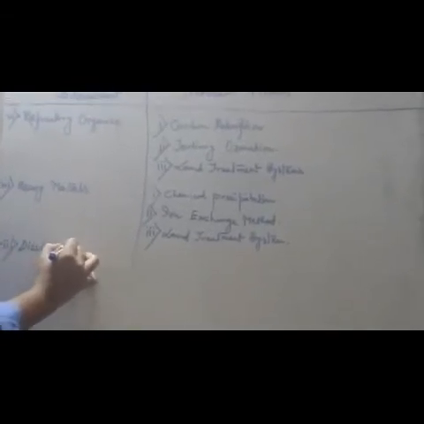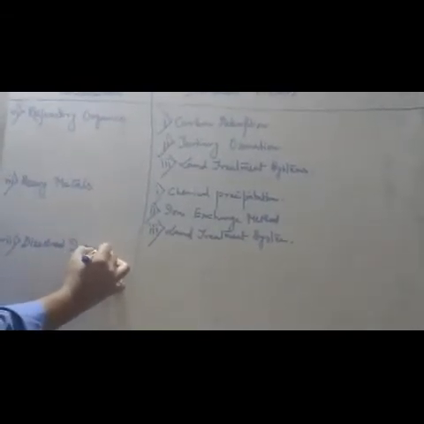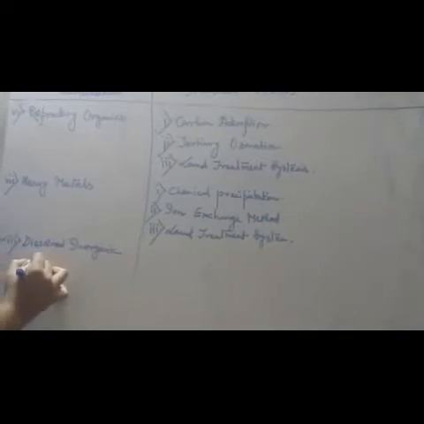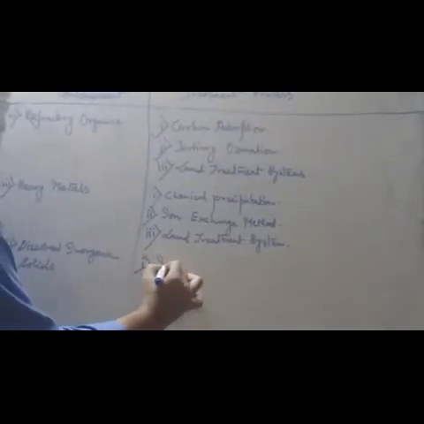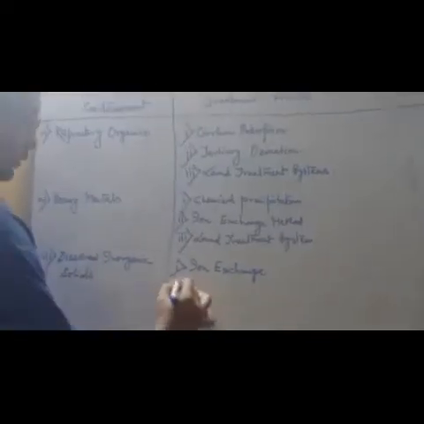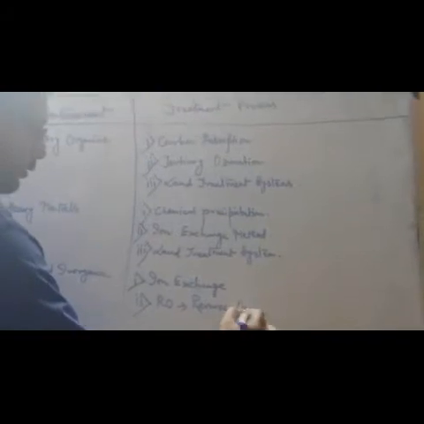So if the contaminant is dissolved inorganic solids, then what will be the treatment process? The first one we can use is ion exchange. The second one we can use is reverse osmosis, which is denoted as RO.